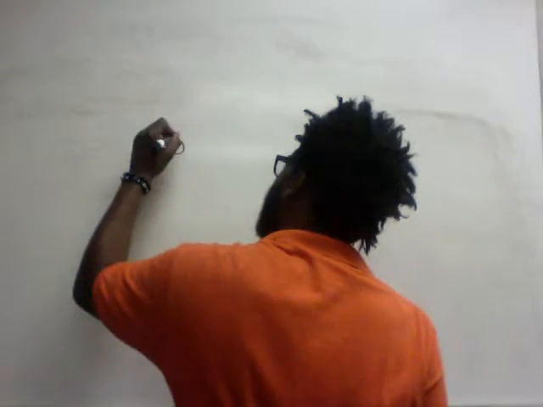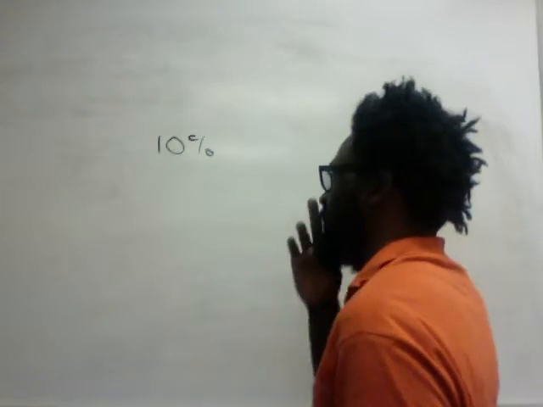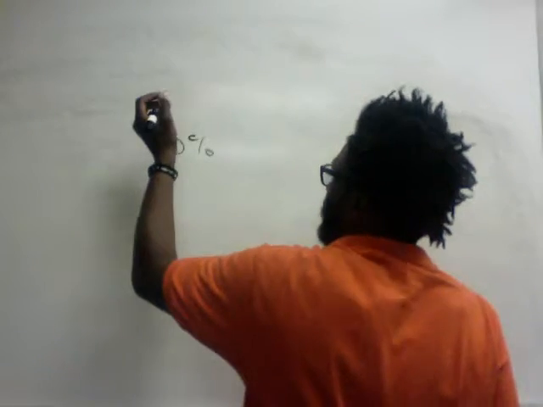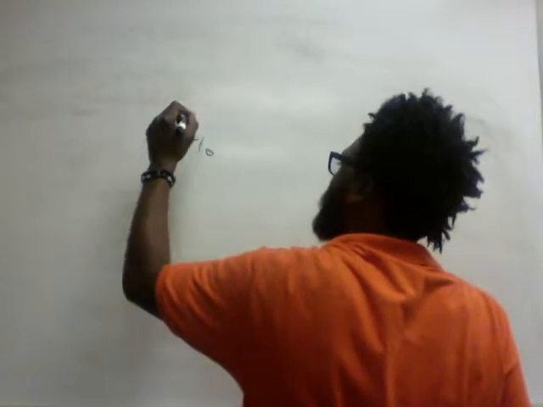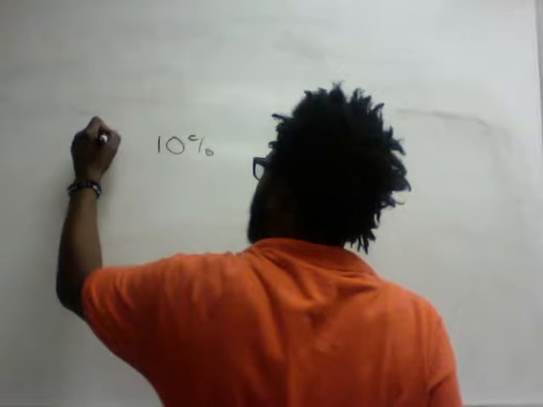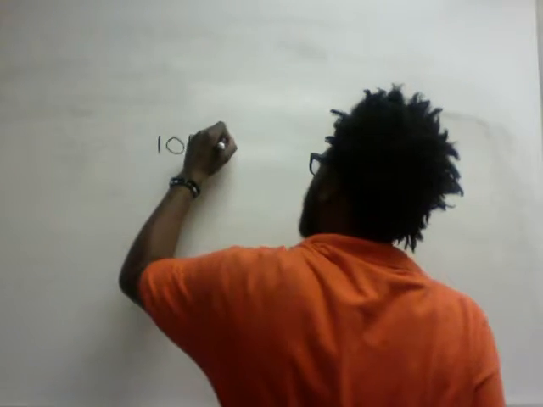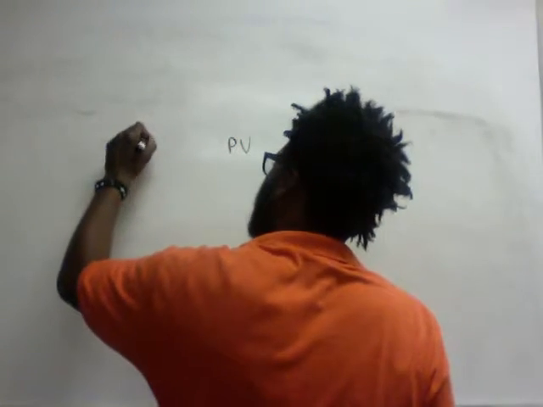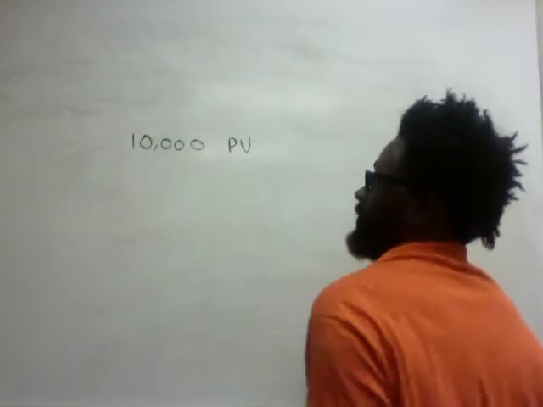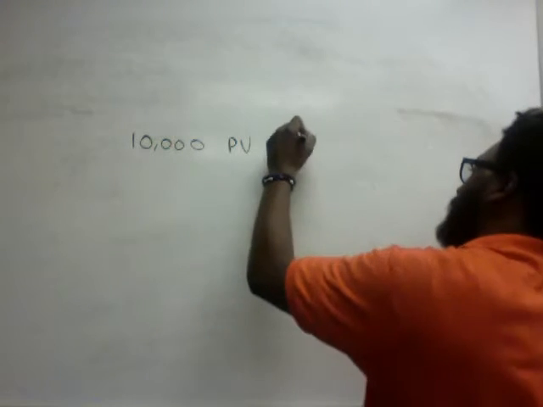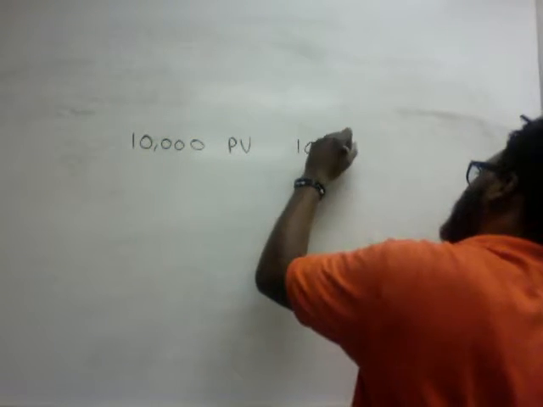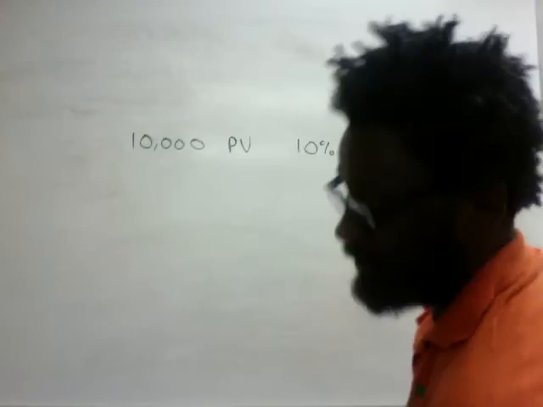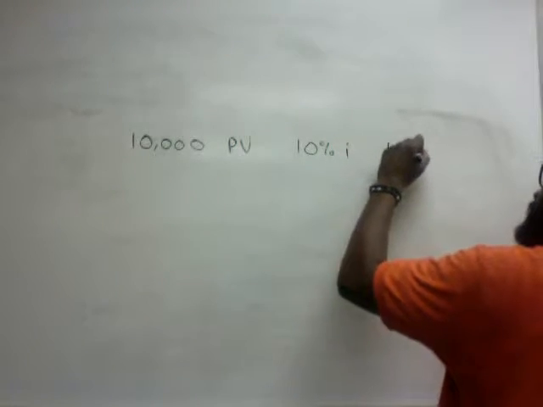So let's look at this example. Let's say 10,000 is the present value. Let's say 10% is the interest. Let's say we have 10 years.